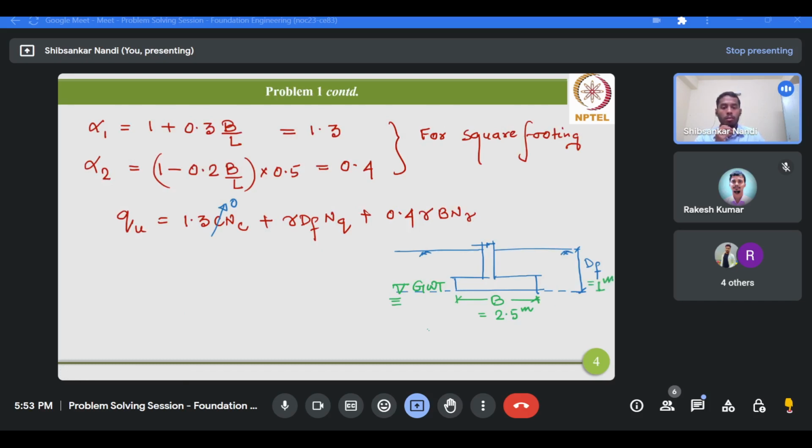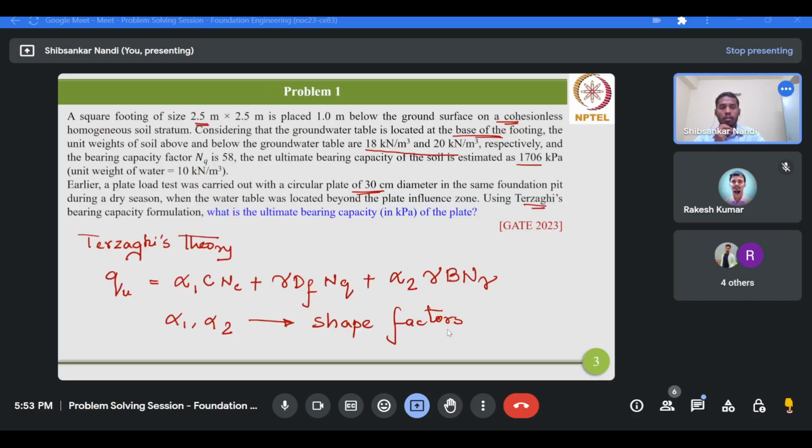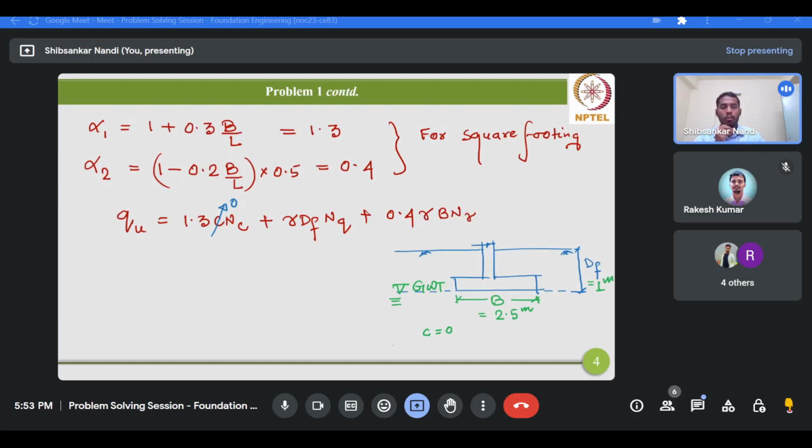Okay, so the c value is 0 and the phi value is not given, rather the bearing capacity factor corresponding to the surcharge contribution is given as 58.